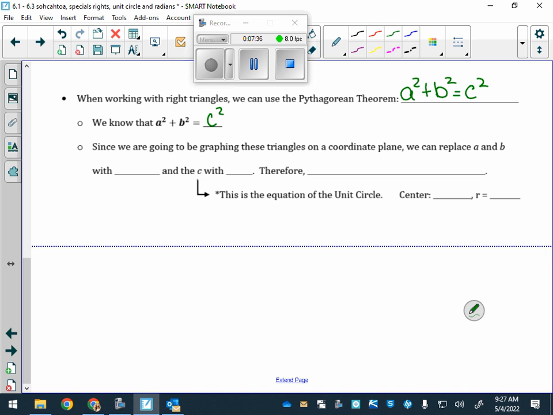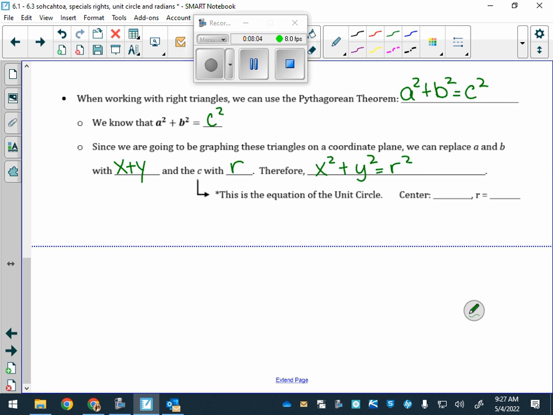So instead of a and b, we are replacing it with x and y and replacing c with our radius. So we're just updating our equation in terms of x and y. So x squared plus y squared equals r squared, which is the equation of a circle, hence the unit circle.